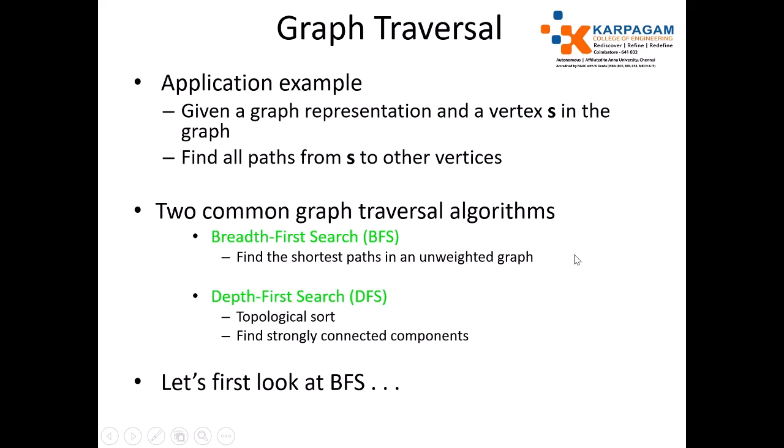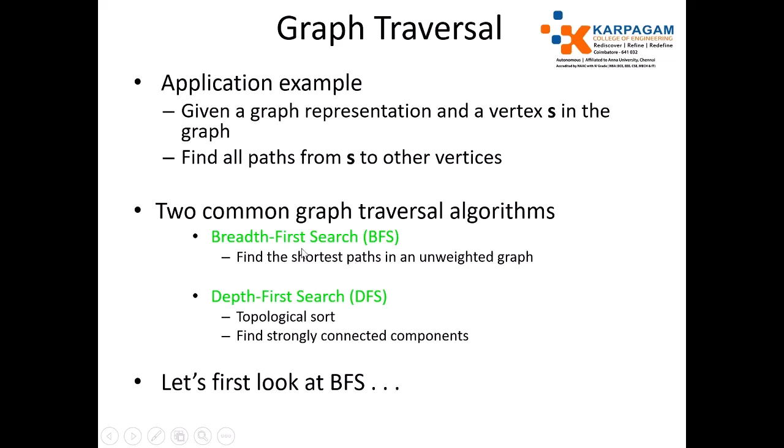For solving this problem, we need a graph traversal method. Two common traversal algorithms are available. One is the breadth first search algorithm, which is used to find the shortest path in an unweighted graph. The other is depth first search, whose applications are topological sorting and finding strongly connected components. We will discuss these traversal methods in the next class.